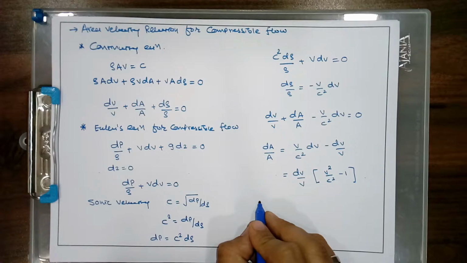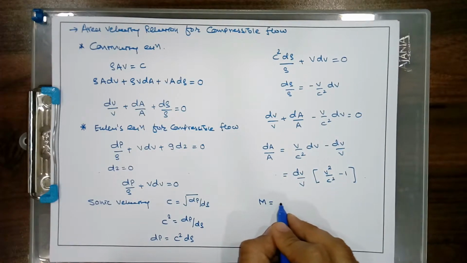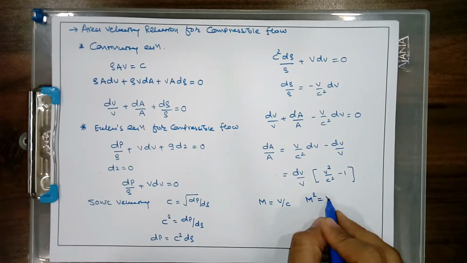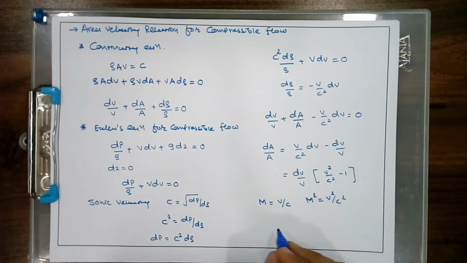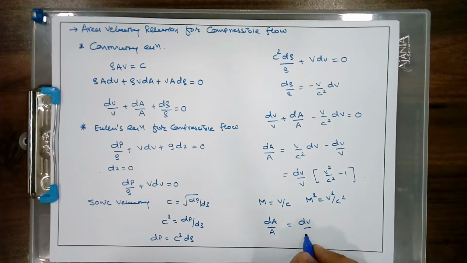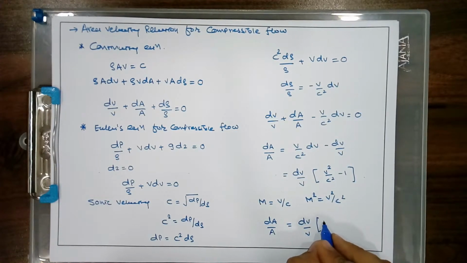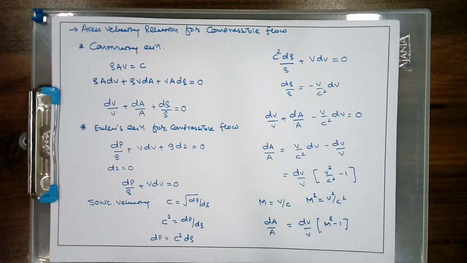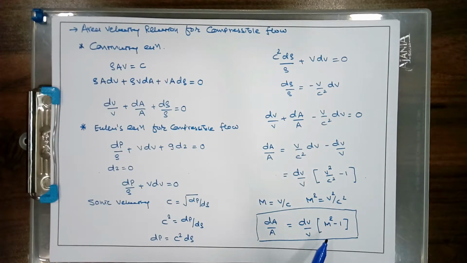From the definition of Mach number, Mach equals V by c, so M square equals V square divided by c square. So the final expression is dA by A equals dV by V times (M square minus 1). This is a very important expression for the area velocity relationship for compressible flow, which depends on the Mach number.